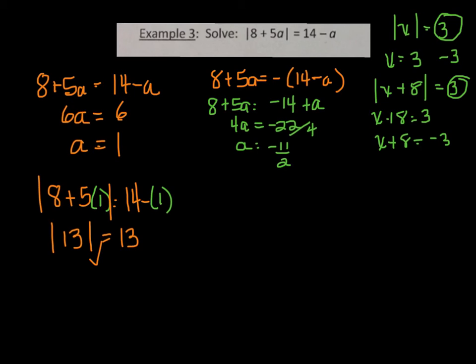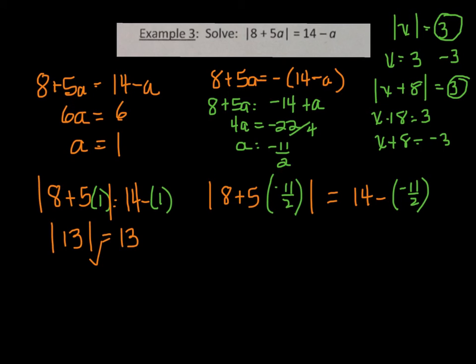I am going to also check this, so I'm going to plug in negative 11 over 2. 8 plus 5, plug in negative 11 over 2, equals 14 minus negative 11 over 2.